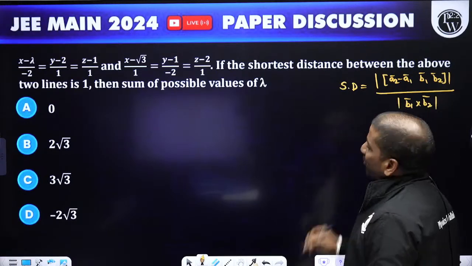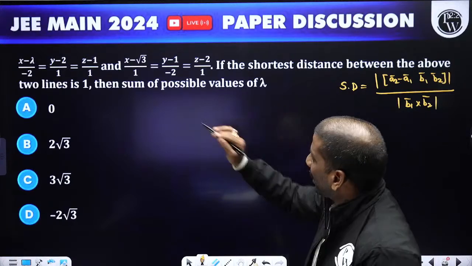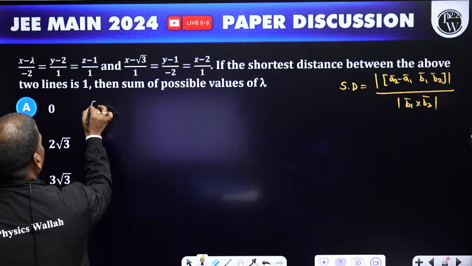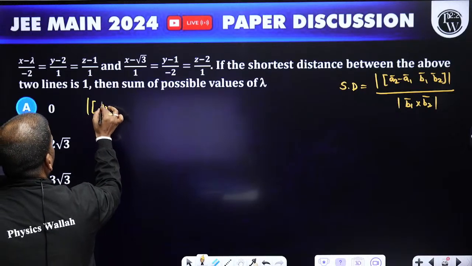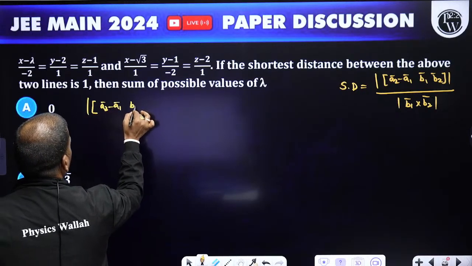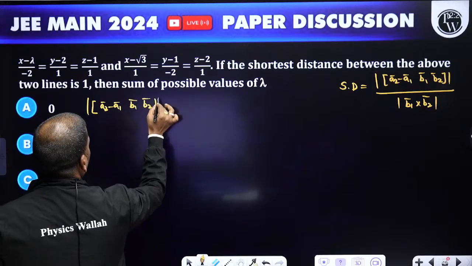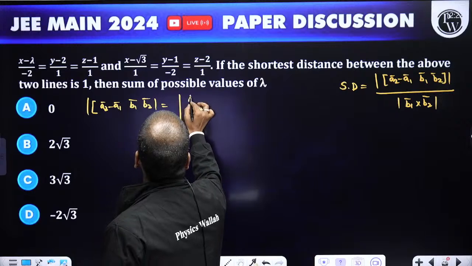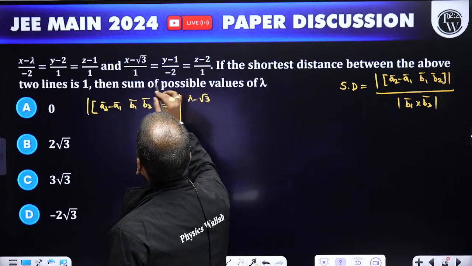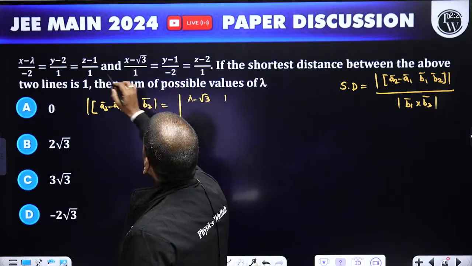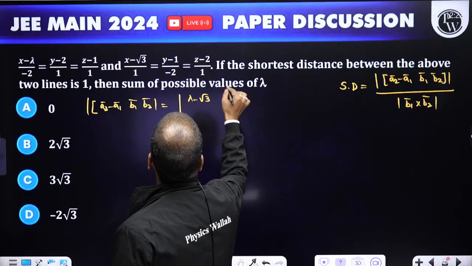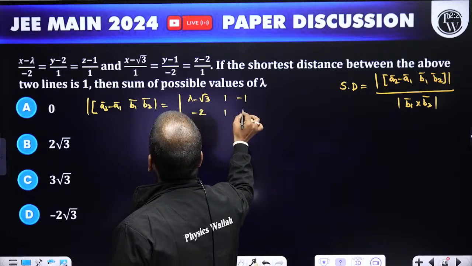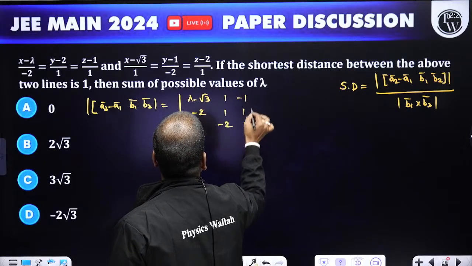This is given as 1. So let us write the numerator, modulus of a2 minus a1, b1, b2, which is just a determinant. The determinant has lambda minus root 3, 2 minus 1, 1, and 1 minus 2, minus 1, minus 2, 1, 1, 1 minus 2, 1.